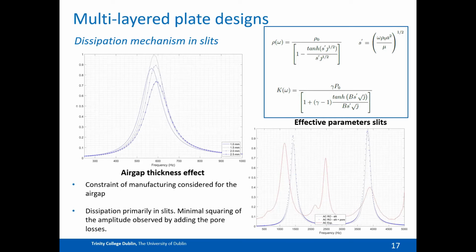From this, we selected what optimal air gap we should use for experiments. It should have been 2, but given the different manufacturing constraints we had, in the end we selected 1.5. And then we used the model from Allard to describe the losses within the slits.